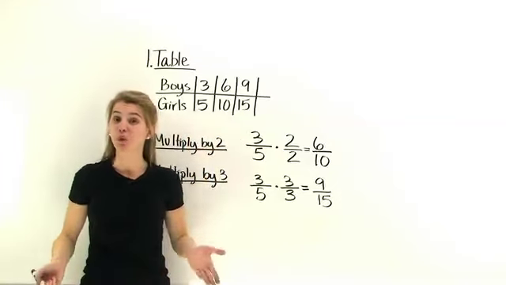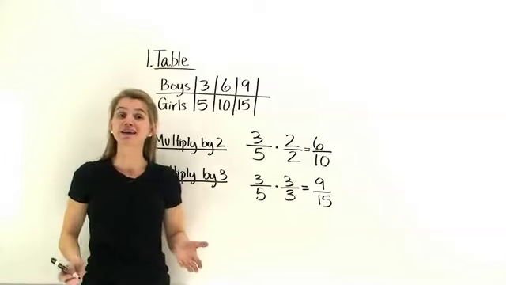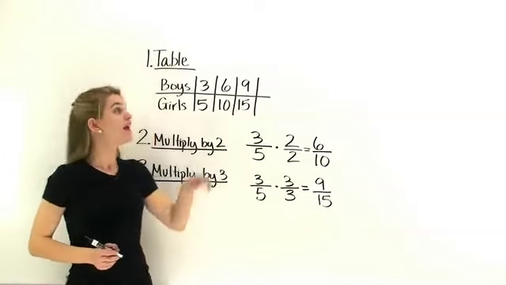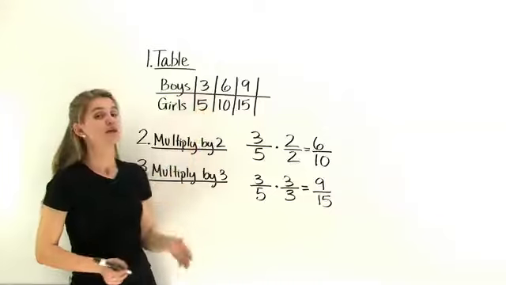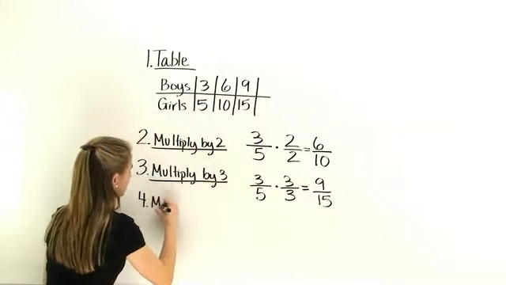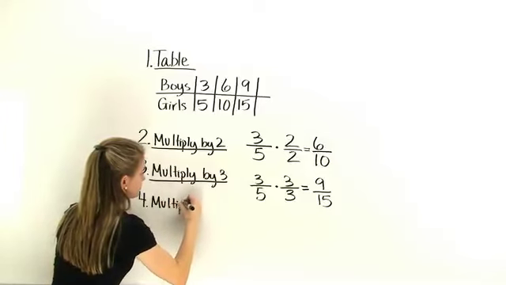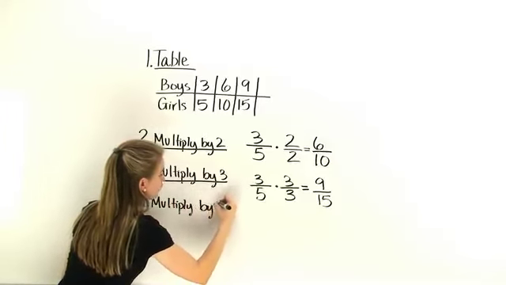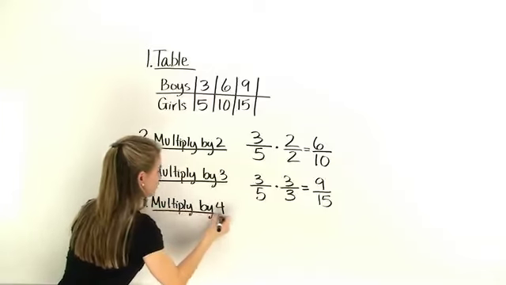Now we want one more equivalent ratio. Again, we can multiply by anything we want as long as we multiply both numbers by the same number. So let's go ahead and multiply both 3 and 5 by 4 this time. If we multiply by 4, we'll get another equivalent ratio.